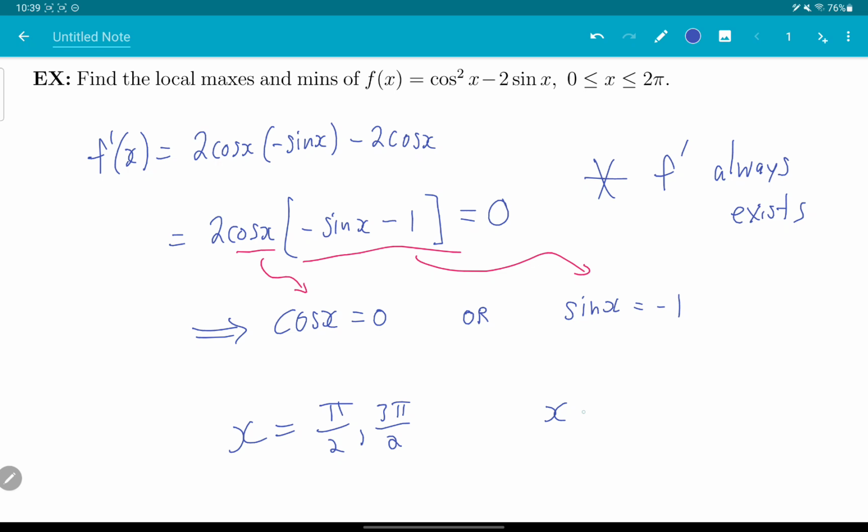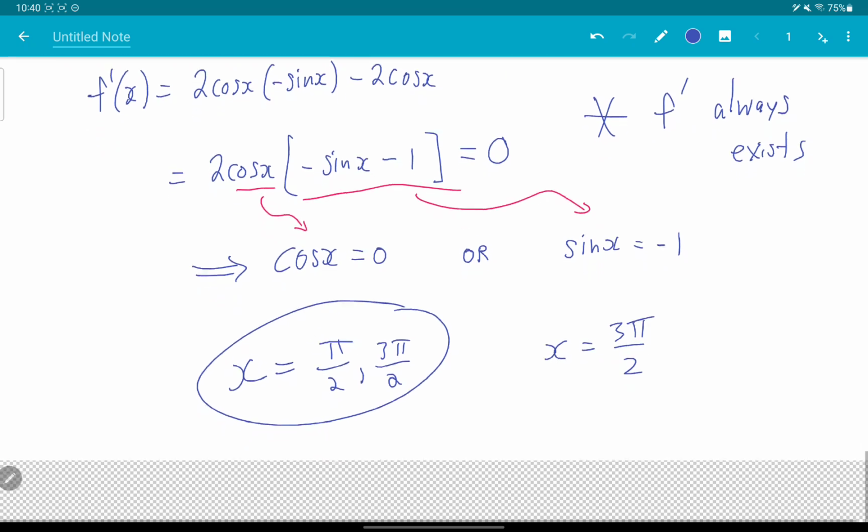And here I get cos x is -1. That would be just 3 pi over 2. It's the only solution I have between 0 and 2 pi. Cos x is 0, yeah. Okay, so these are my solutions here.